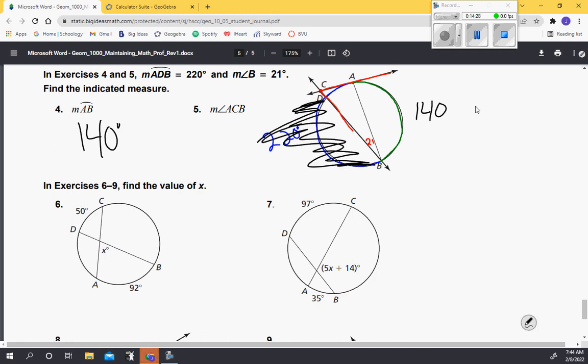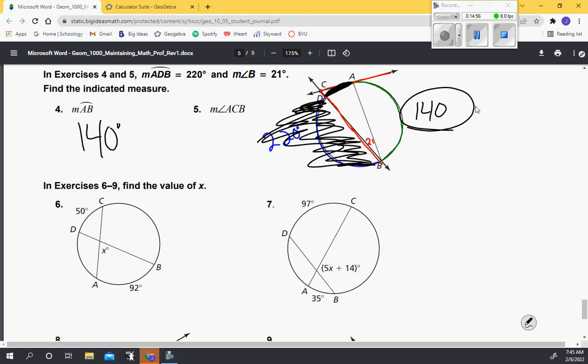So we don't care about this at all right now. What we do care about is the arc that is furthest away from our angle, which is 140, and the arc that's closest, this arc here. So we need to find the measure of this arc, AD.